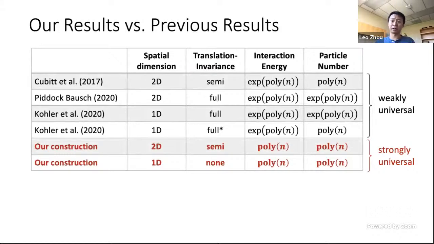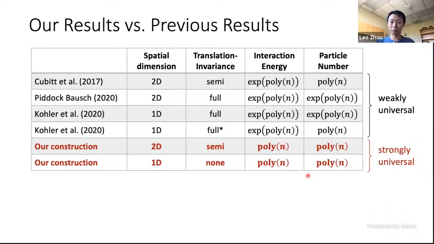I will now compare our result to the previous results, not just the original 2017 paper, but also some follow-up work, in the following table. After the initial weak universality results in 2017, others have also been able to show that a bunch of other families in both 2D and 1D, and actually possessing full translational invariance, are also universal in the weak sense, because for all of them, the interaction energy in their construction scales exponentially in the general case, and in some cases, the particle number also scales exponentially.